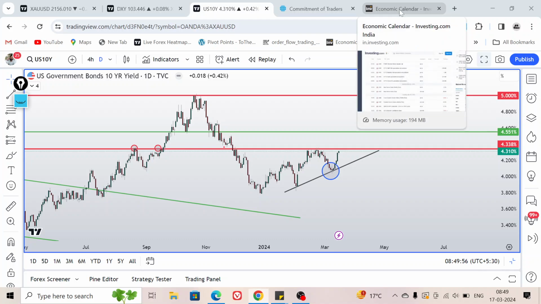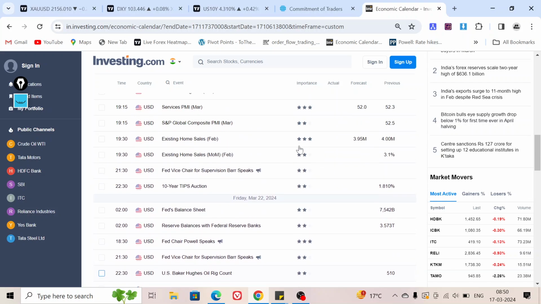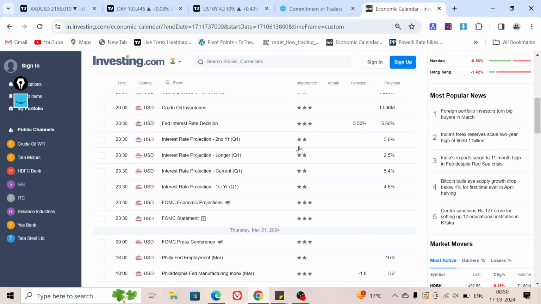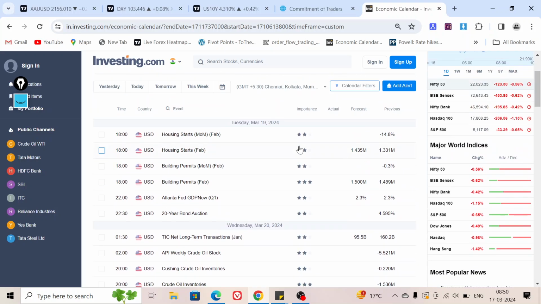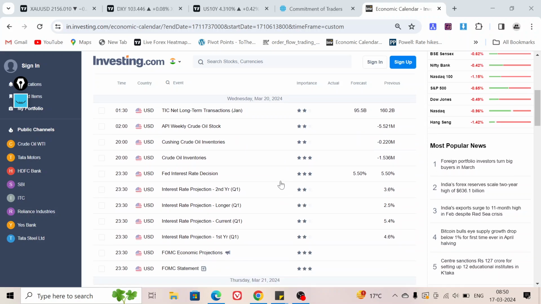And if we check the important economic data for next week, what are the important data that we have to wait for? On Tuesday we have the building permits, and then we have the Fed interest rate decision.